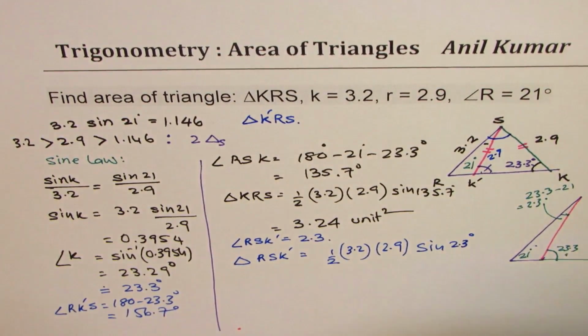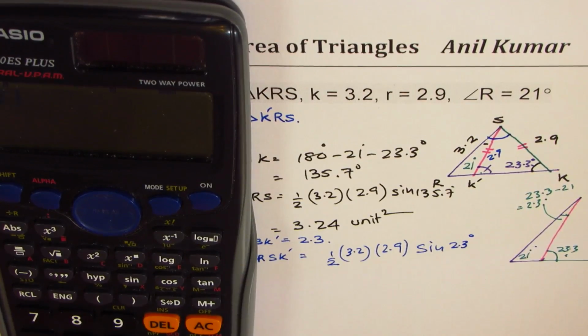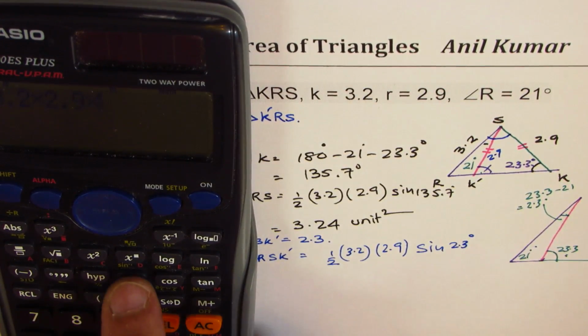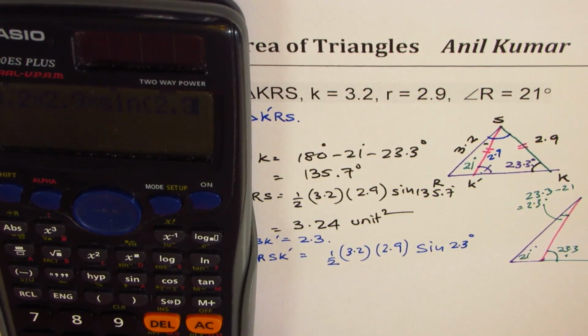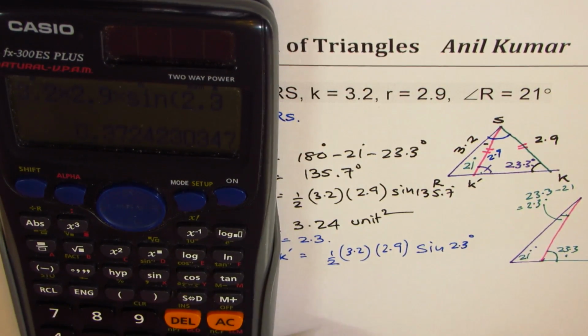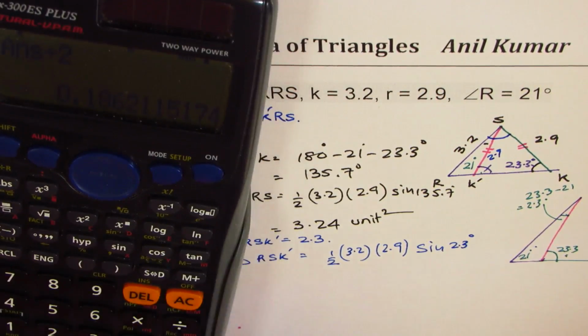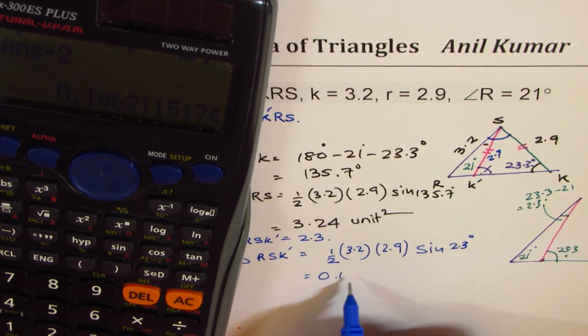So let's calculate this. 3.2 times 2.9 times sine of 2.3, divided by 2, equals 0.186.